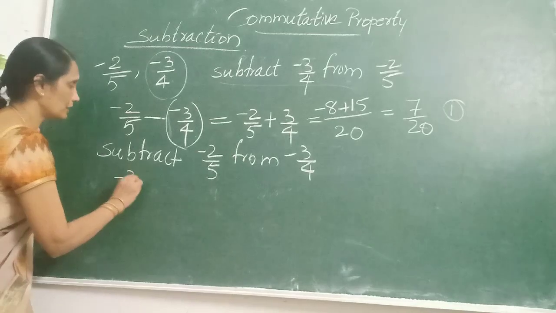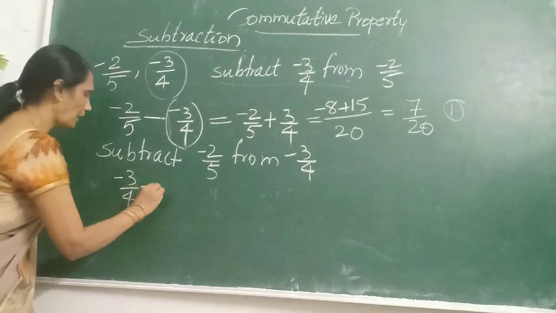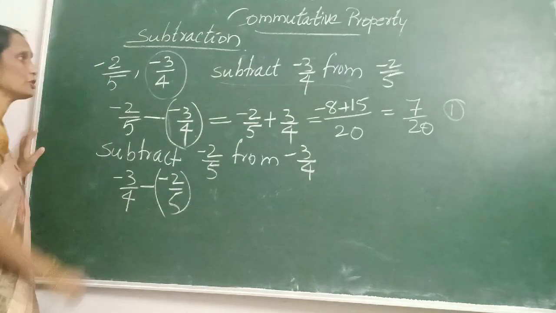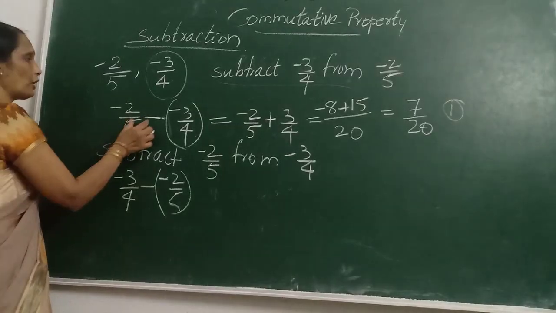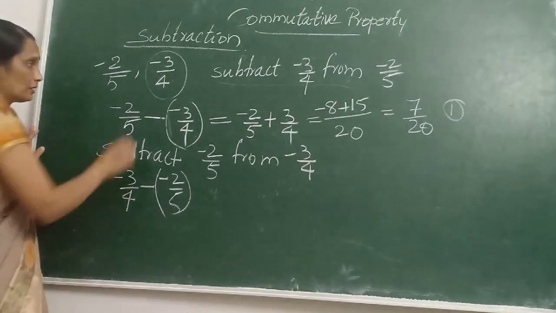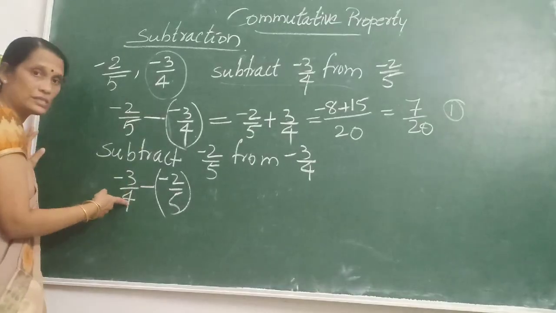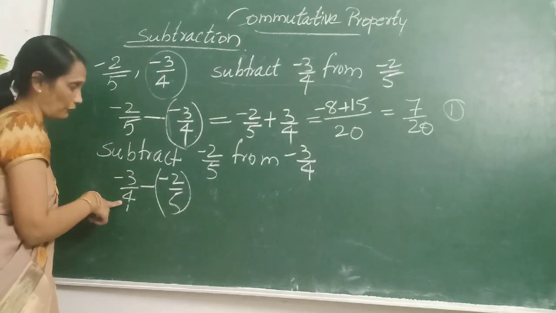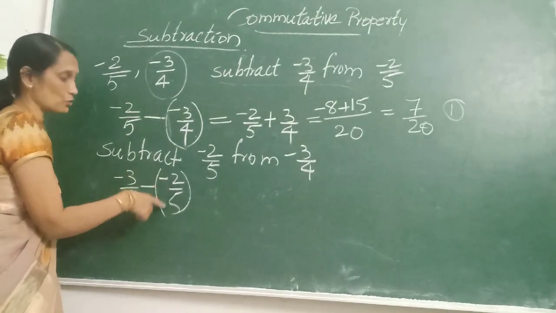How can we express this? That means minus 3 by 4 minus 2 by 5. See, the order is changed. Before it was minus 2 by 5 minus 3 by 4. Now this is reversed. First we have written minus 3 by 4, so minus 3 by 4 minus 2 by 5.